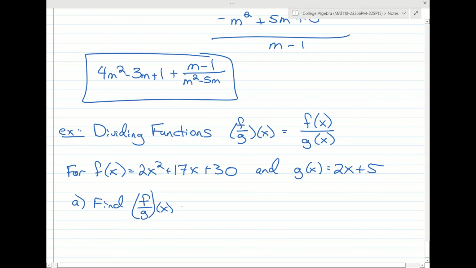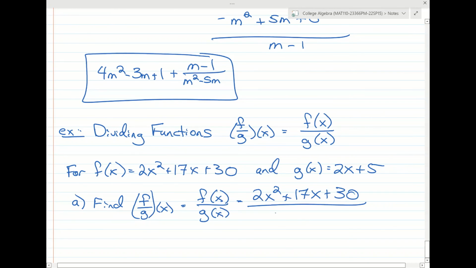And remember what this means. This means we do f of x divided by g of x, which is 2x squared plus 17x plus 30 divided by 2x plus 5. We just did this. It's just a matter of the different notation.